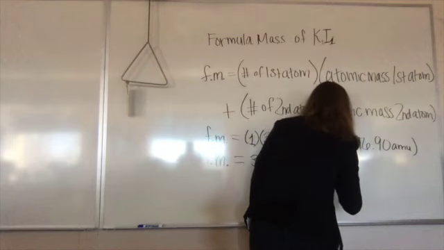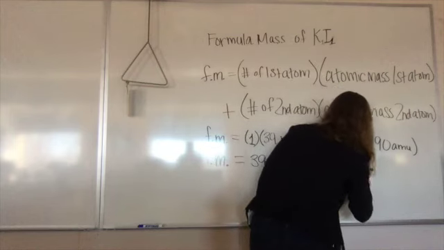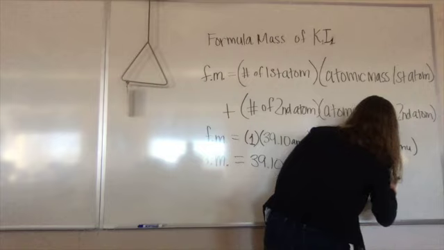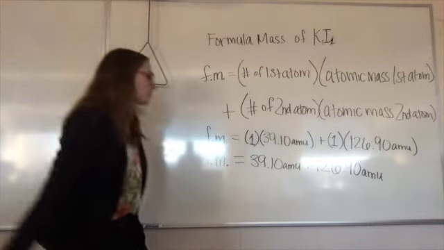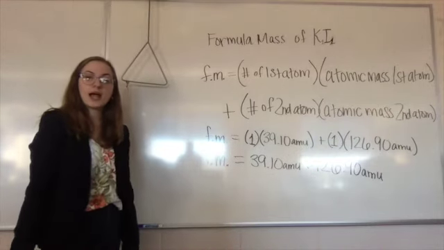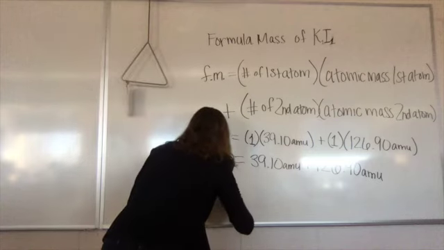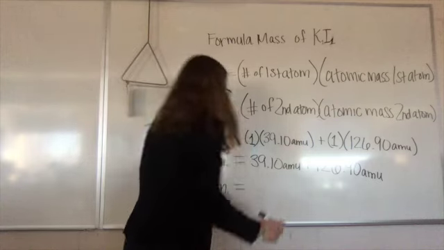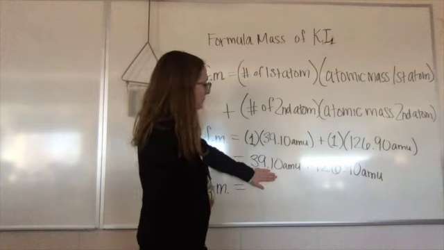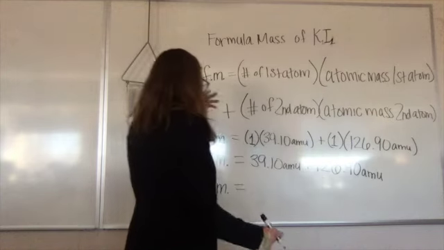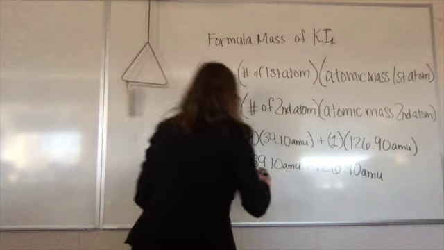So that means we have 126.90 AMU as our second value here. When we calculate the formula mass, we just go ahead and add our numbers up. So we have 39.10 AMU plus 126.90 AMU. Let's do this off the top of our head.